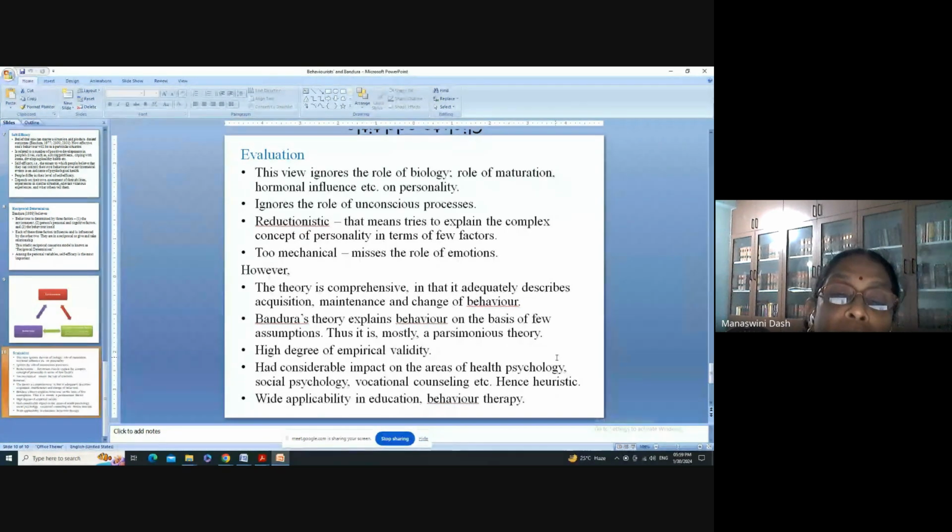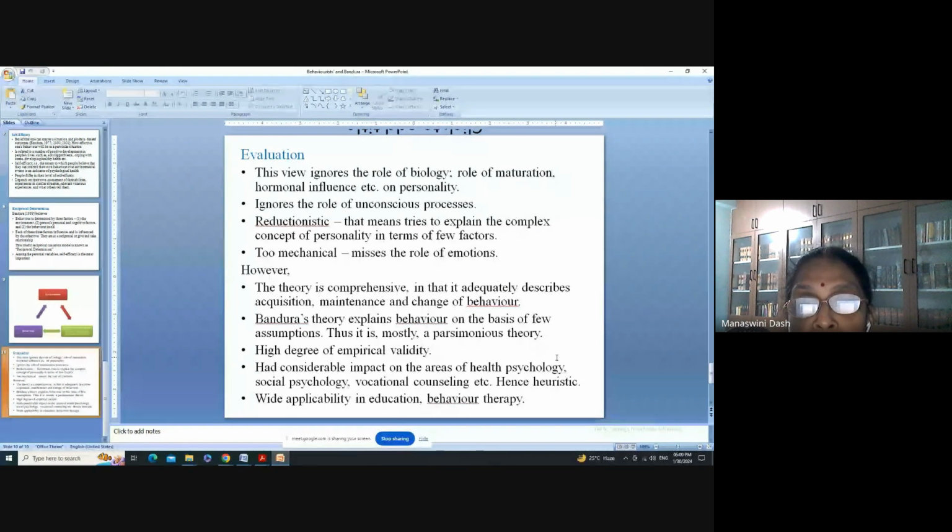However, on the positive side, the theory is comprehensive. It adequately describes acquisition, maintenance, and change of behavior. Bandura's theory explains behavior on the basis of few assumptions. So, not too many terminologies and concepts are used to explain the theory. The theory has a high degree of empirical validity.